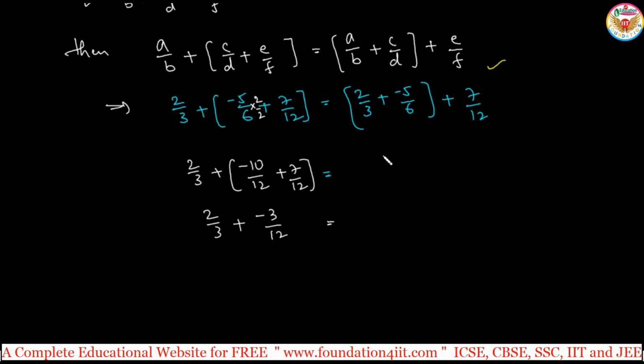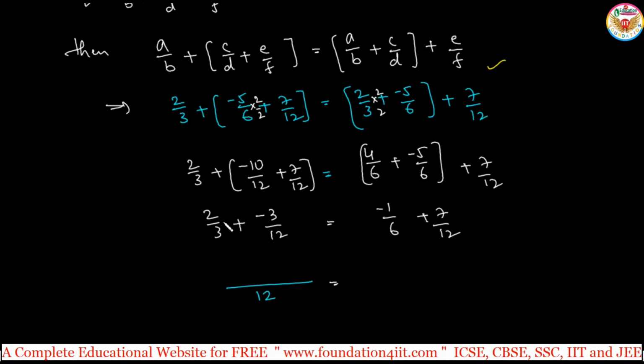And similarly on the right side, if you simplify, for 3 and 6 the LCM is 6. So extra 2 by 2 for this. So this is 4 by 6 plus minus 5 by 6. In this bracket, if you simplify, this is minus 1 by 6 plus 7 by 12, and plus 7 by 12 is as it is. For 3 and 12 the LCM is 12.